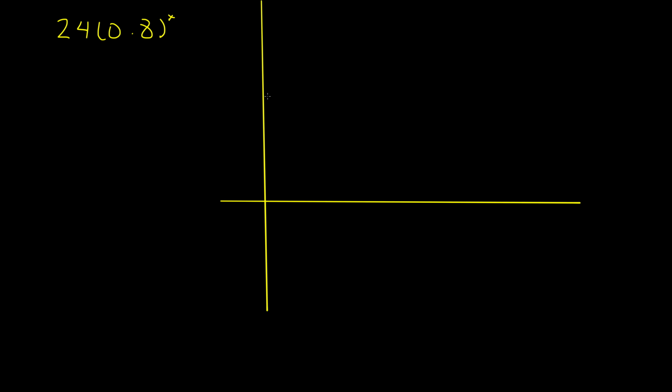A reasonable domain would be, we're going to start here at 24K and then just drop like this. That's what our graph would look like. I could look at each one of these points, it'll get closer and closer to 0 and go on forever.